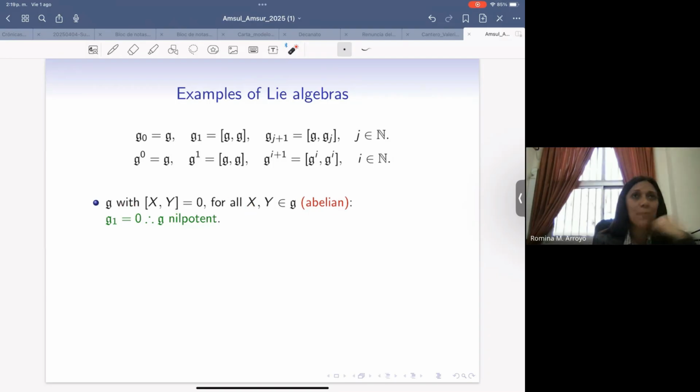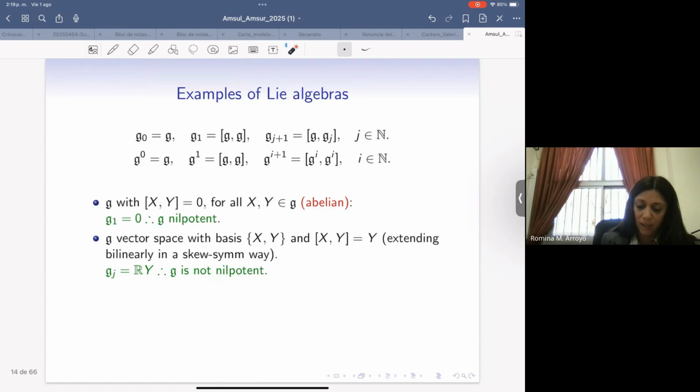But there exists, up to isomorphism, another Lie algebra of dimension 2, which is this one. The vector space is generated by two elements, and if you consider this bracket and extend it bilinearly and in a skew-symmetric way, this is going to give you a Lie algebra.